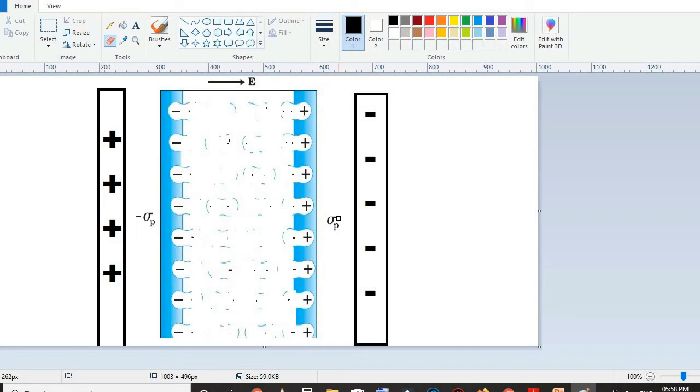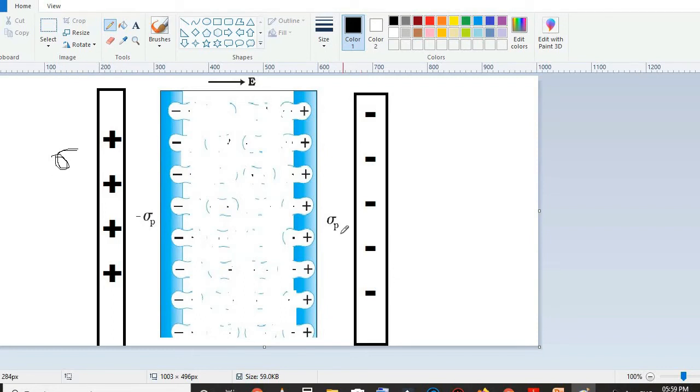Now you can consider there are two surfaces. One is the surface of the parallel plate capacitor, the other is the outer surface of the dielectric medium. Sigma is the surface charge density of the parallel plate capacitor.